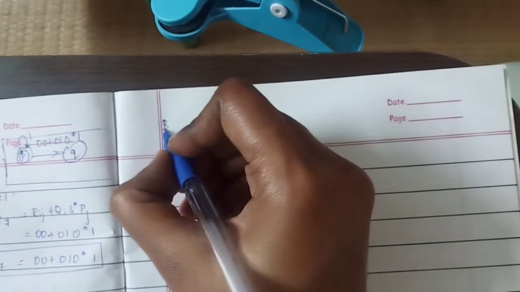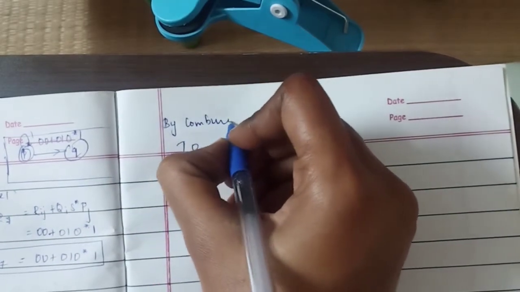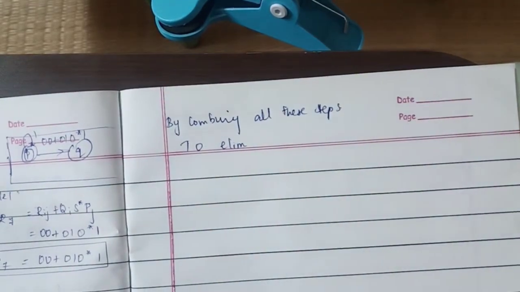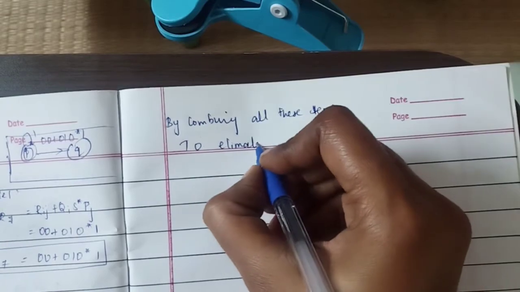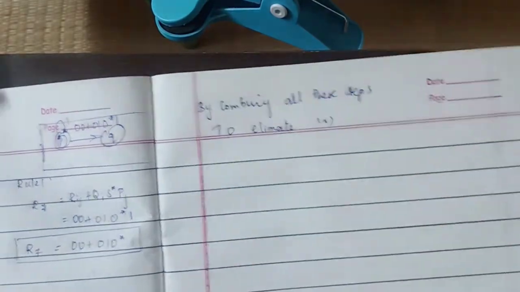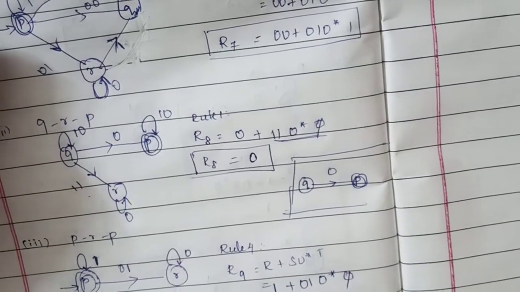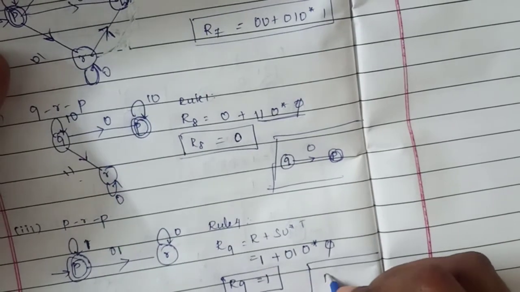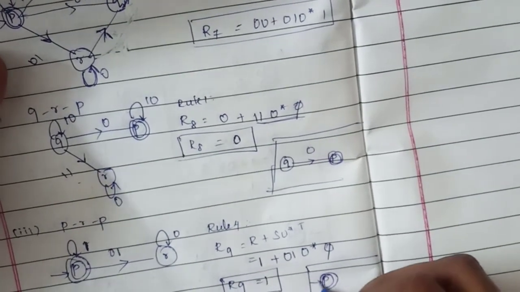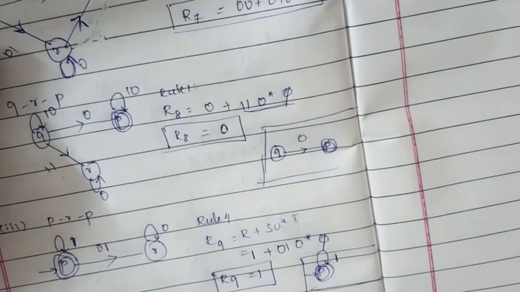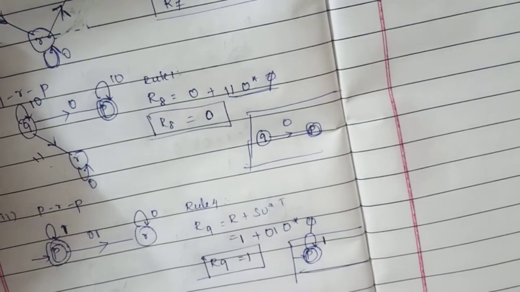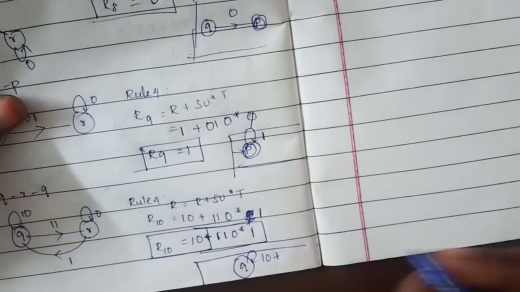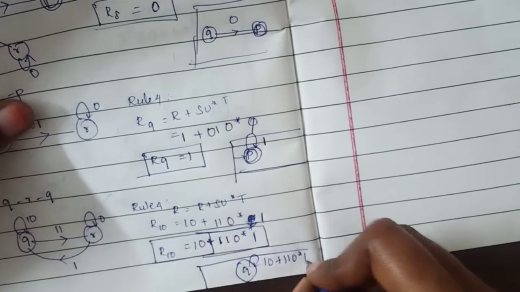So by combining all these steps, right, to eliminate R, we'll have this one, right? So here we have to redraw this diagram, which is known as P. So for P you will have 1, and for Q we'll have 1 0 plus 1 1 0 closure 1, right?